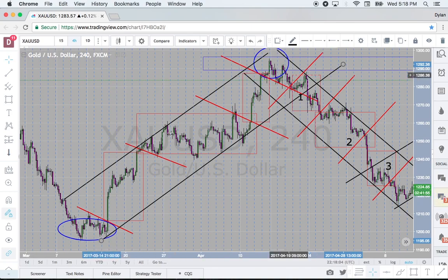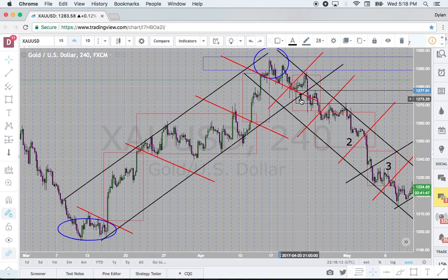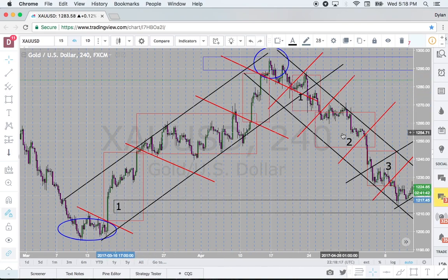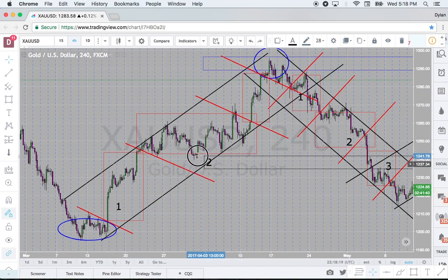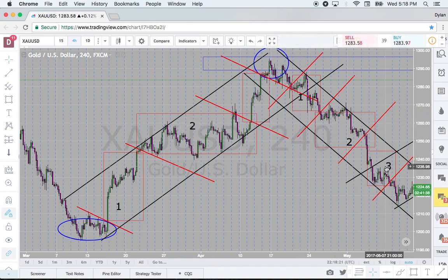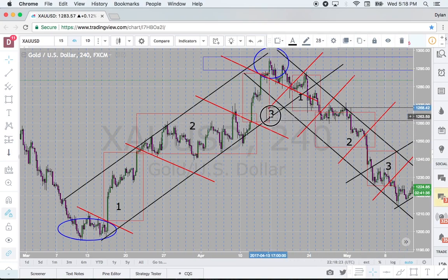Now you can see trend is graphed. You can clearly see the levels inside of the trend. 1, 2, and level 3.